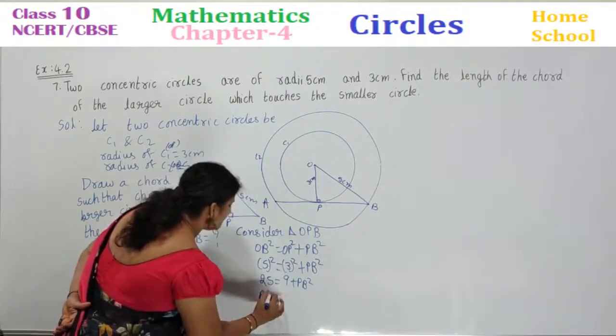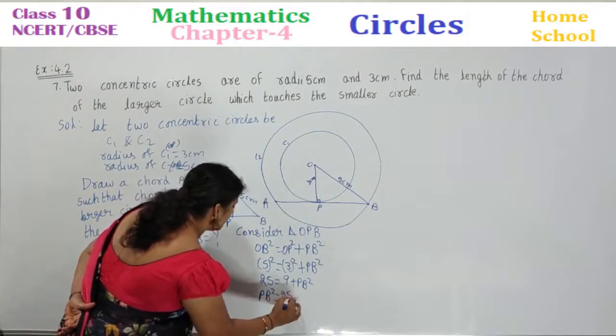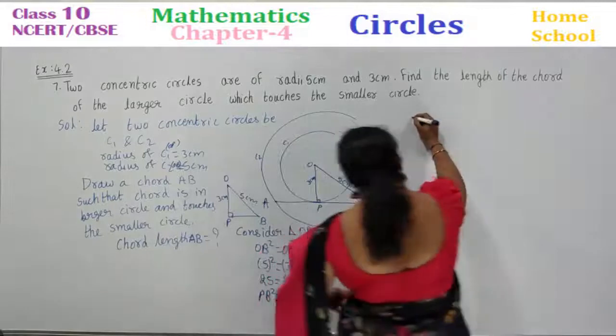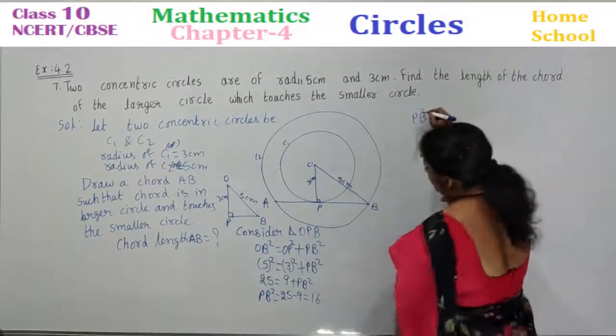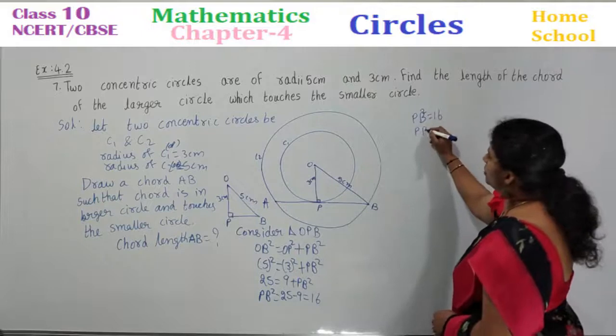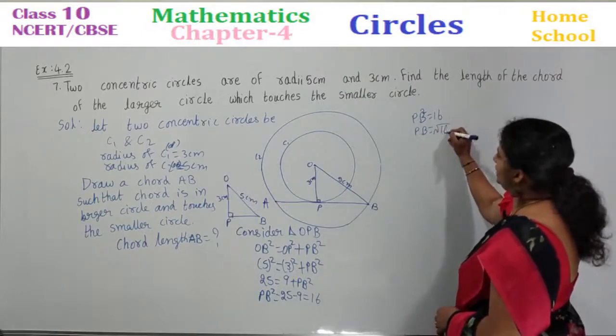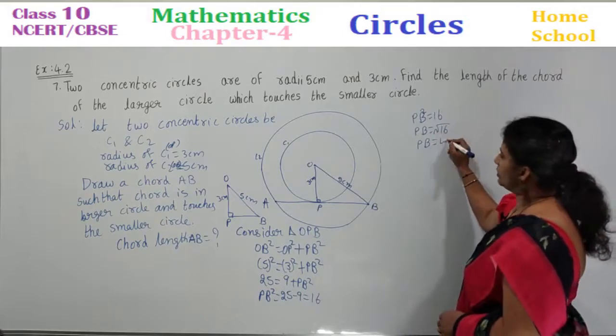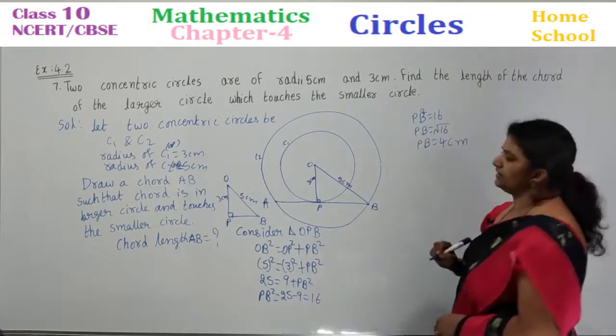PB square is equal to 25 minus 9, that is equal to 16. We know that PB square is equal to 16. I don't want the square, so apply the square root on the other side. PB is equal to square root of 16. PB is equal to 4 centimeters.